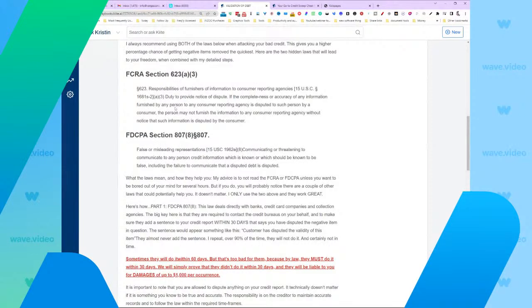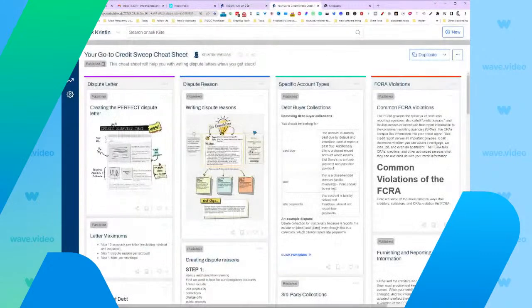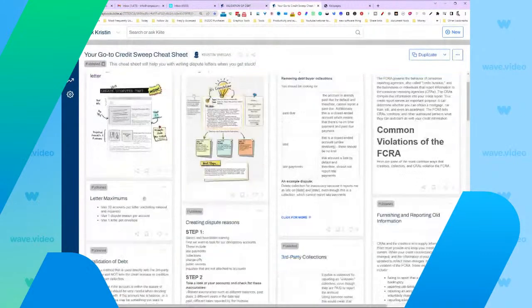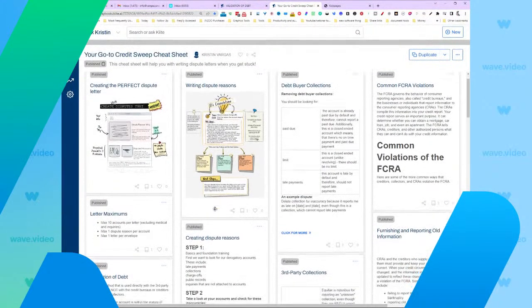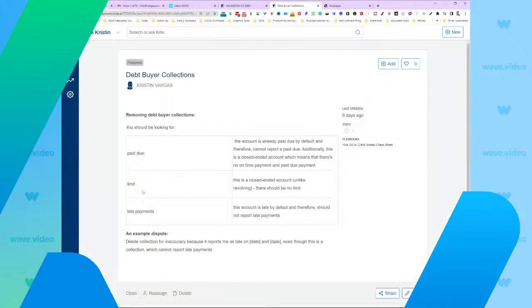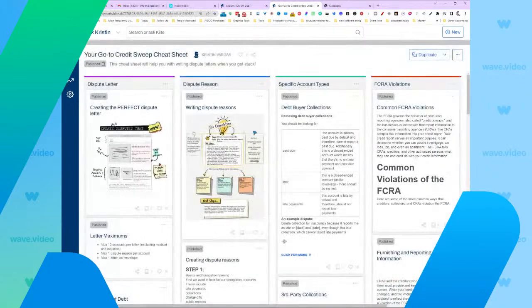The other one is a literal step-by-step guide on how to dispute: what you're looking for, creating your perfect dispute letter, what goes where, what you should include and what you should not, different examples, and how to dispute specific negative items, such as debt sold to collections, past due, a limit, and late payments, and the reasons why you would be able to remove them.